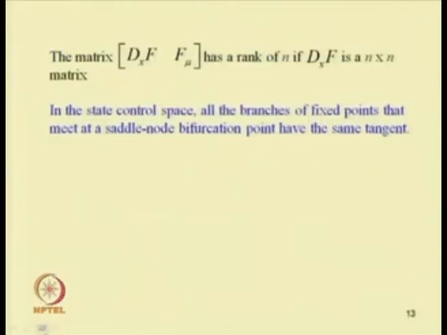So, by constructing the matrix dxf f mu and finding its rank, it should be n. In case of the other bifurcations, it will be n minus 1. In the state control space, all the branches of the fixed point that meet at the saddle node bifurcation point have the same tangent.